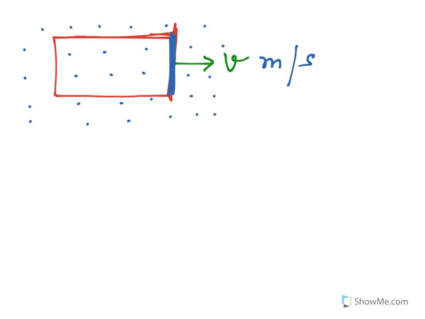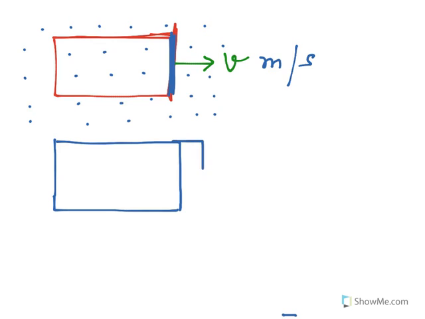Now since it's moved with a constant velocity, in 1 second this area of the loop increases by this much.